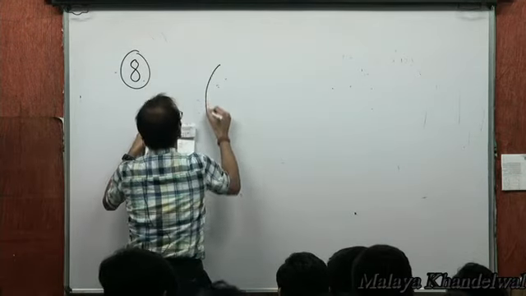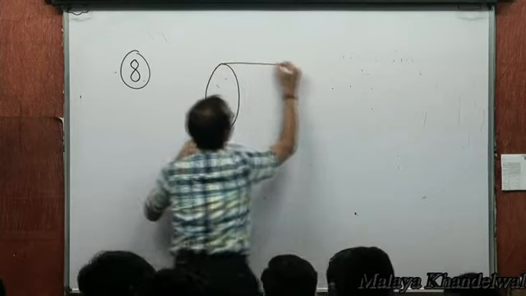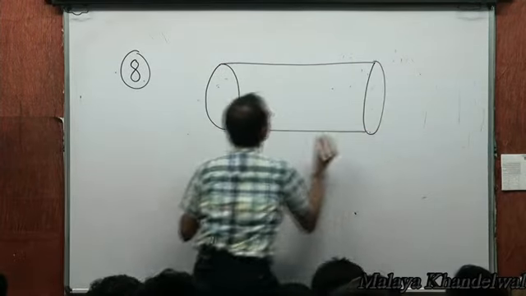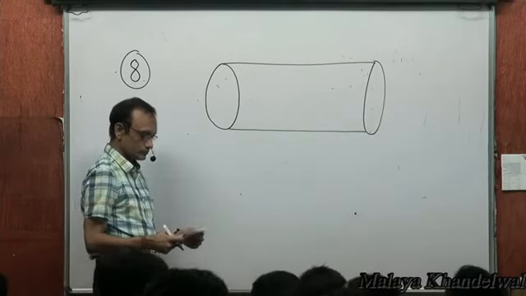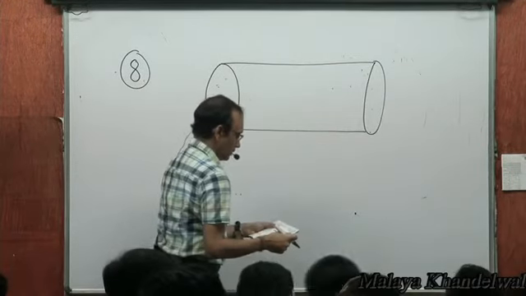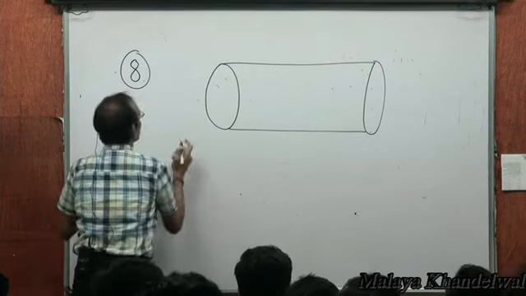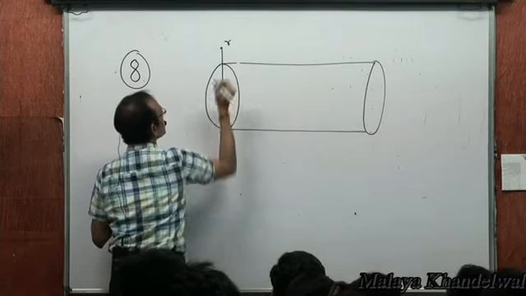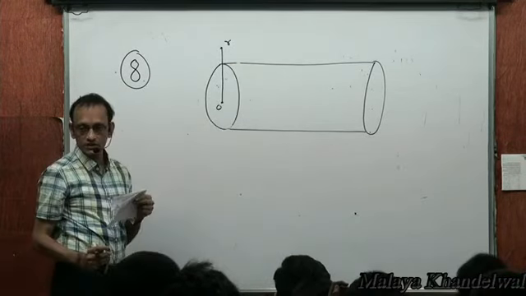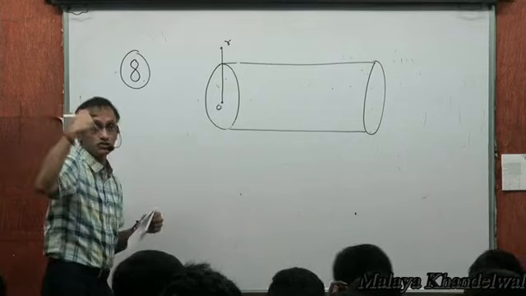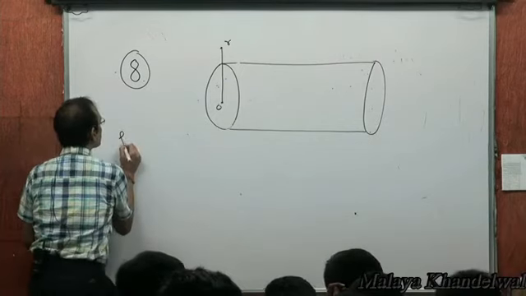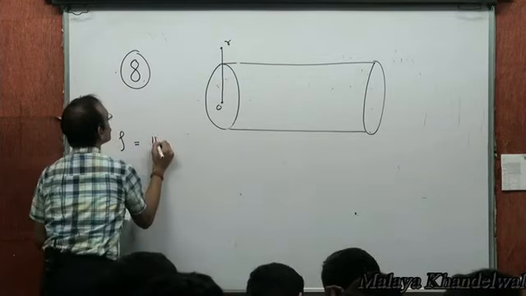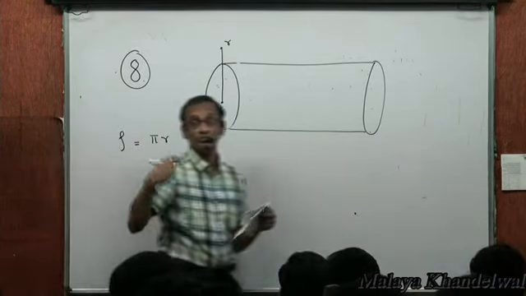This is about a cylindrical conductor, circular cross section, and this is the radial direction, the R direction, measured from the axis of the cylinder, and the specific resistance, or the resistivity, varies in the R direction as pi R. It's not uniform resistivity.